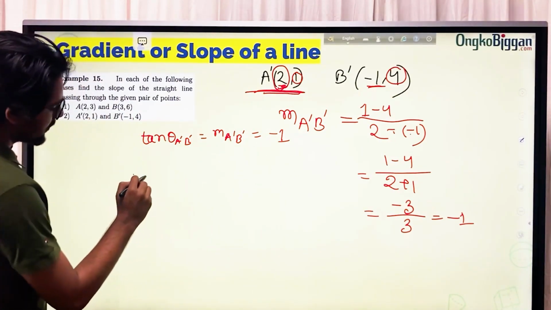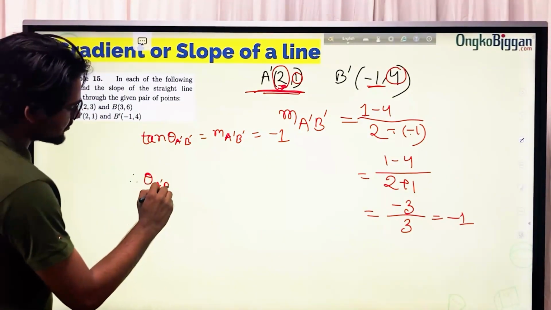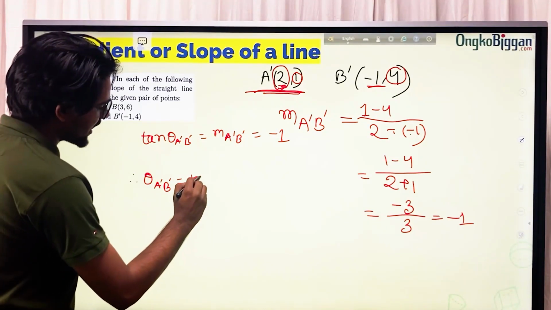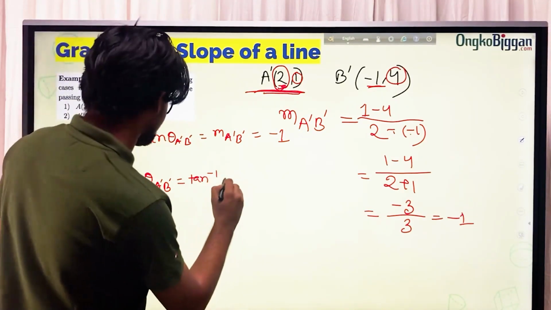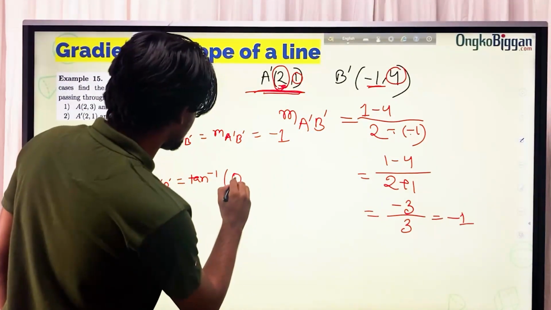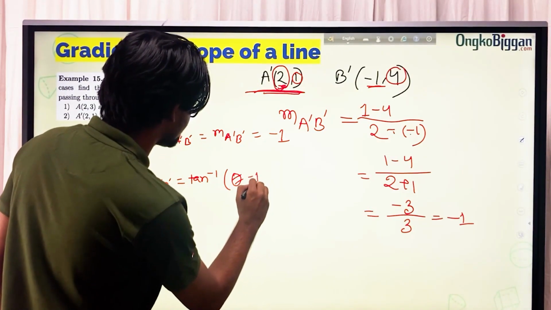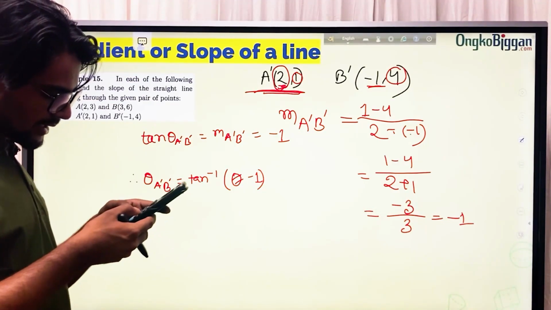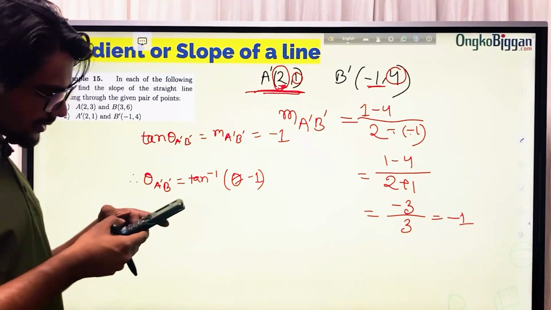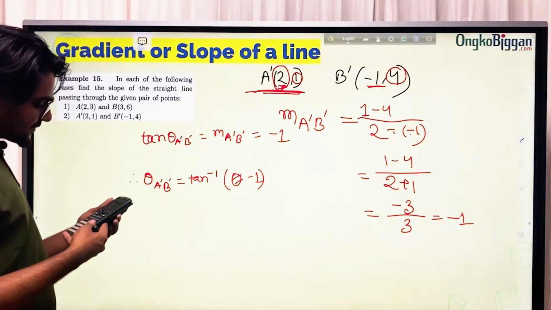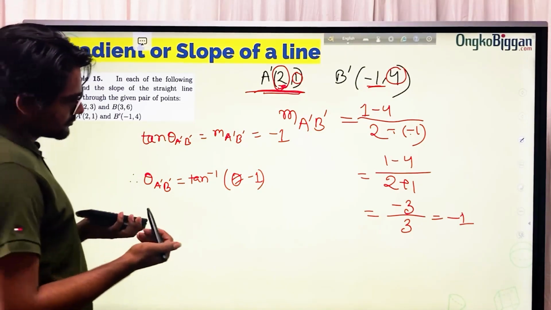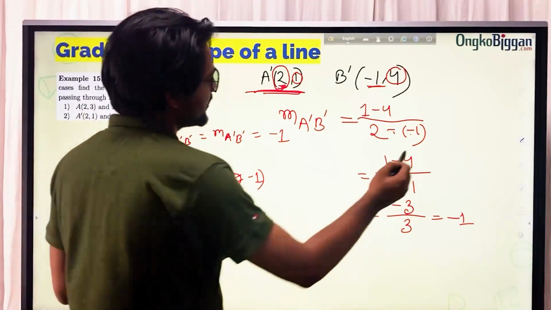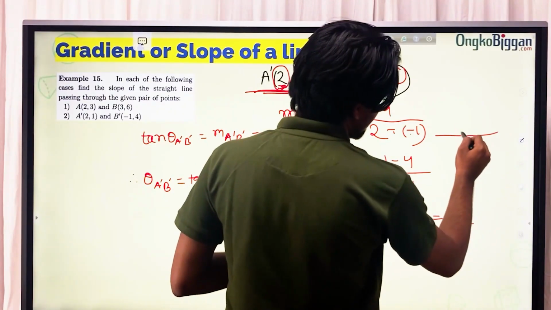Therefore theta A prime B prime is equal to tan inverse of minus 1. Let us see, tan inverse minus 1 will be minus 45 degrees. We are getting minus 45 degrees here.